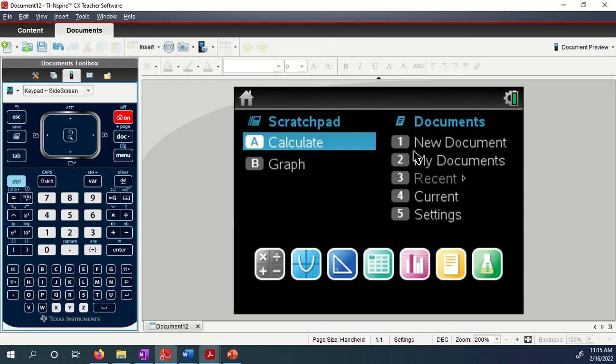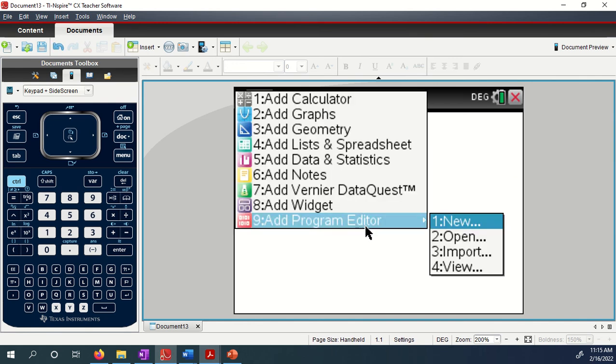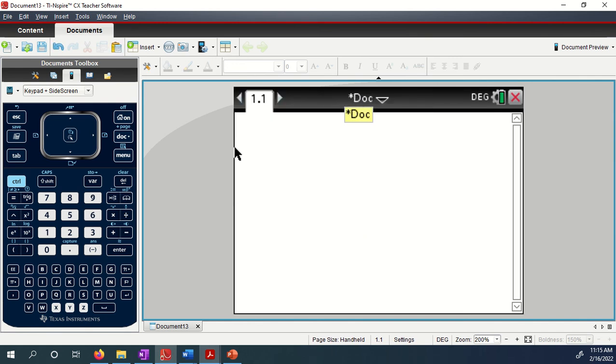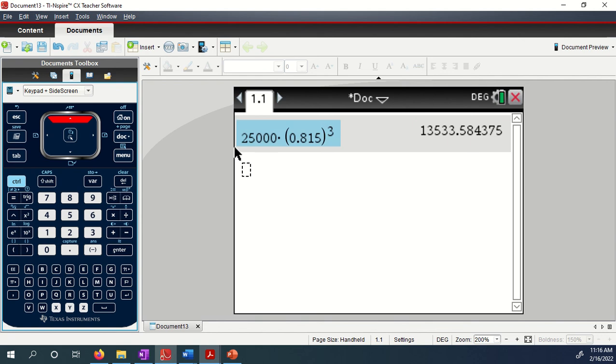So grab our calculator, new document. Don't want to save. All right, so 25,000 times, parentheses, 0.815 to the third. Okay, and then remember we can highlight that and change that 3 to a 4, and we'll have our other answer.